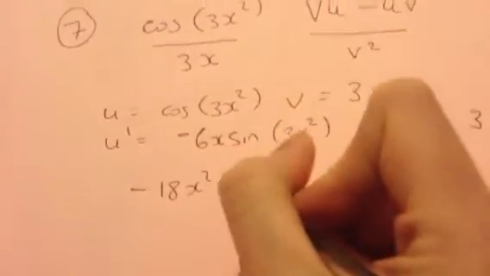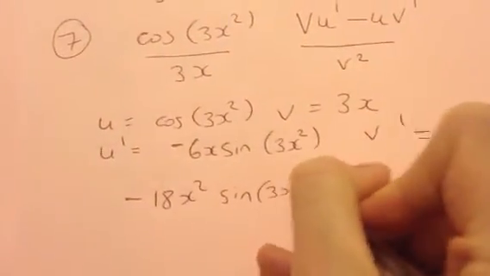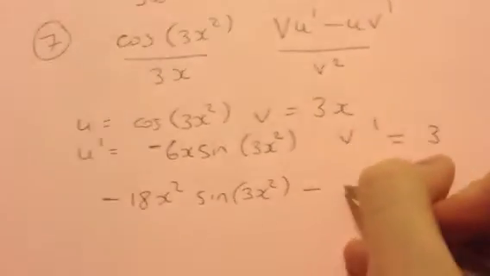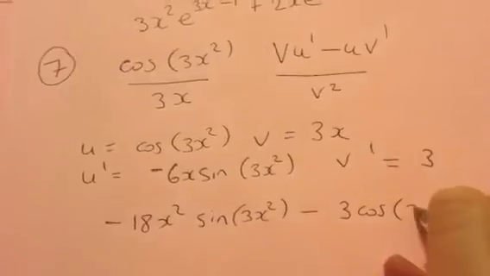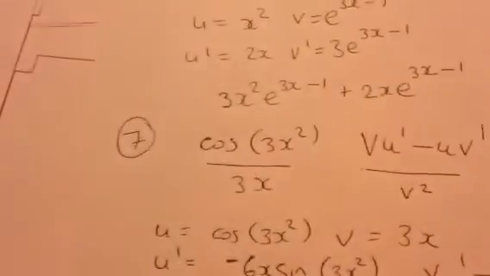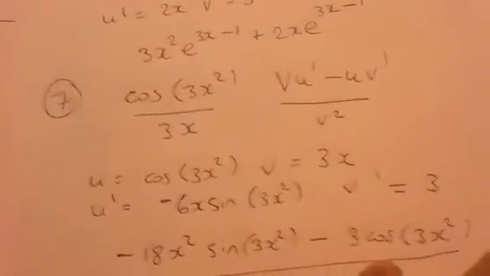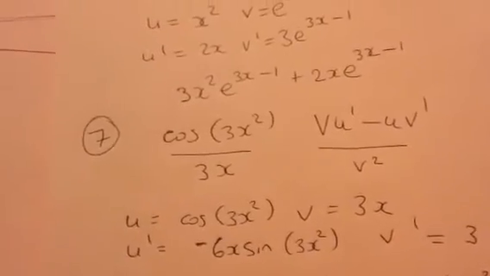Okay. Now what you do is you do vu dash minus uv dash over v squared. So let's do that. So minus 18x squared sine of 3x squared minus uv dash, so minus 3 cos of 3x squared, all over v squared, okay, which is 9x squared.